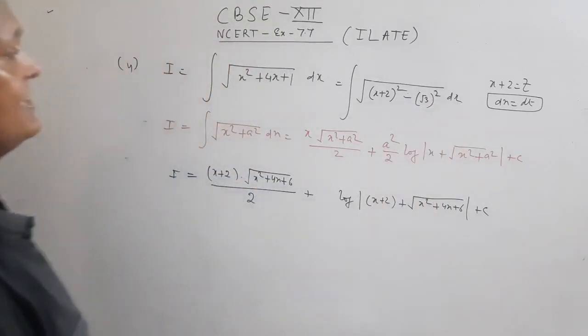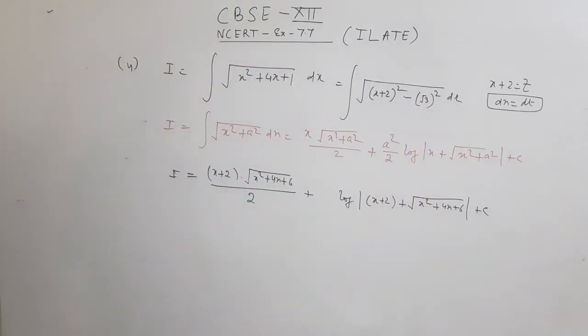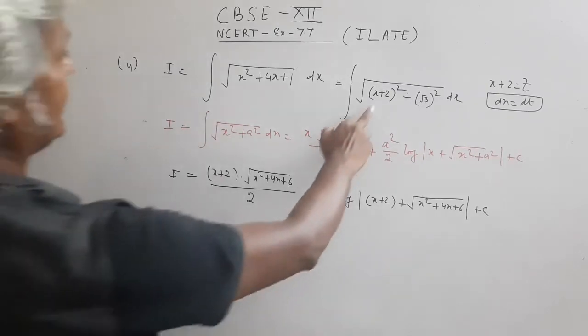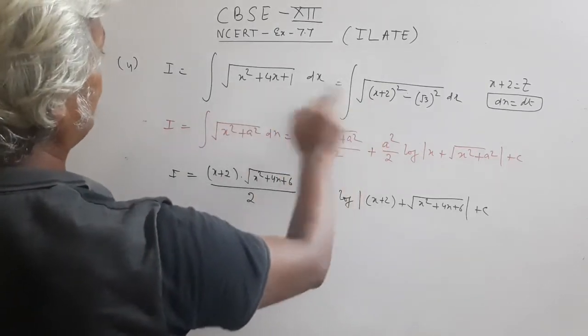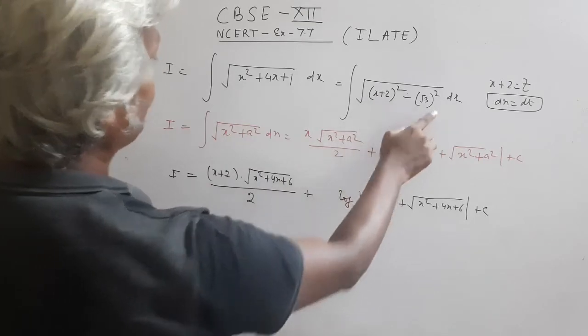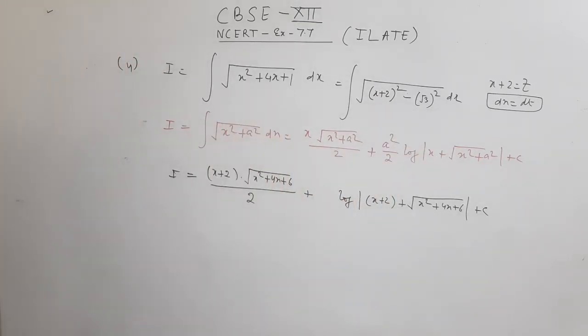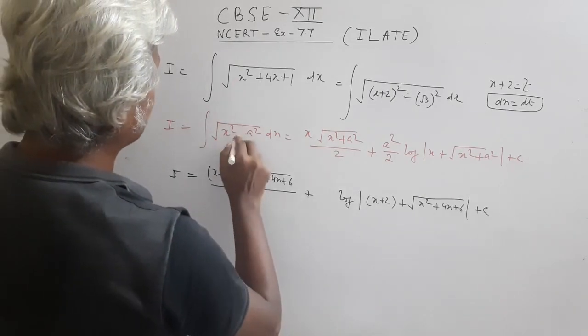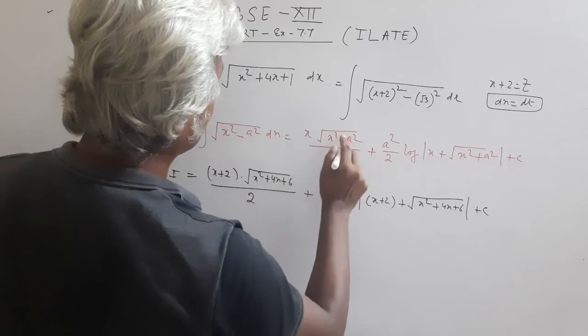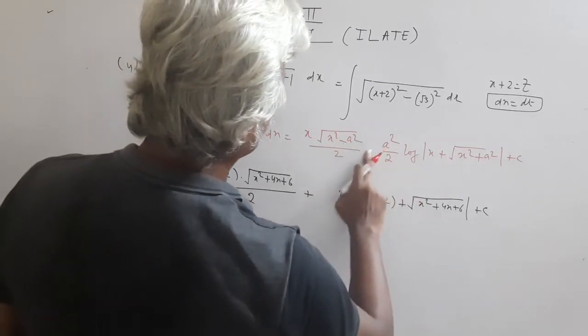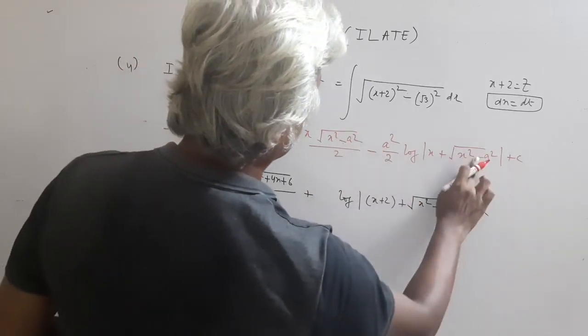So the form is under root x square plus a square minus root 3. If you expand, x square plus 4x, and plus 4 minus 3 will give you 1. So this is fine. Now this goes in the form of x square minus a square. Now I have to change the formula. This is minus. Whenever you have this minus, wherever you see plus, make it a minus.